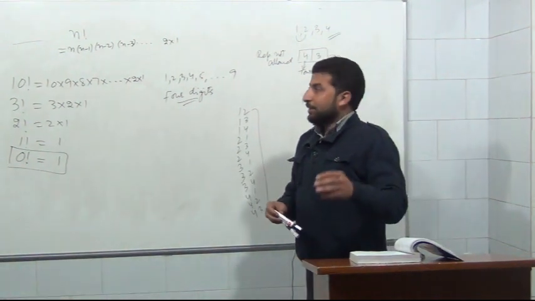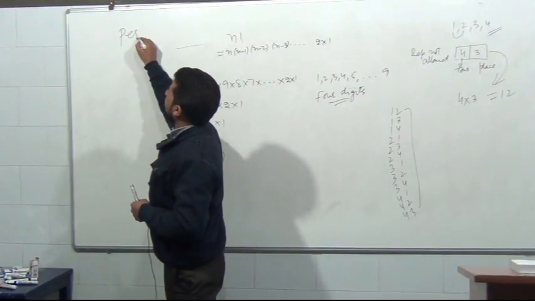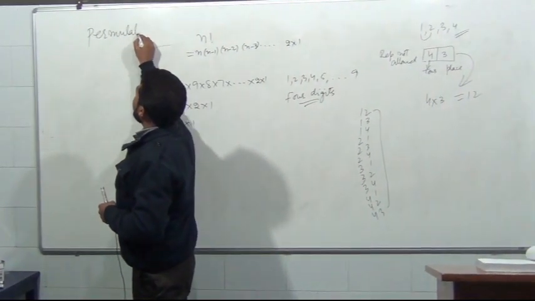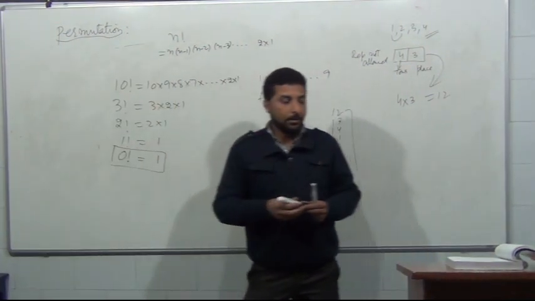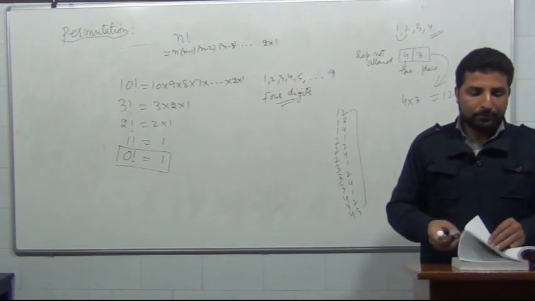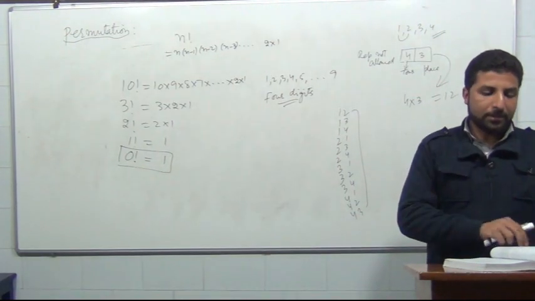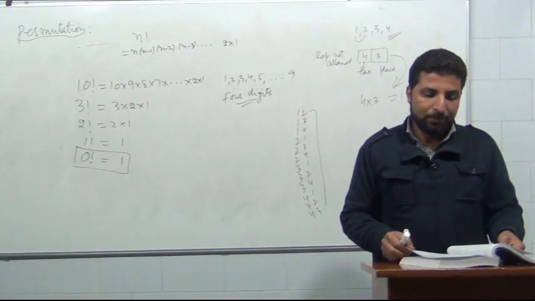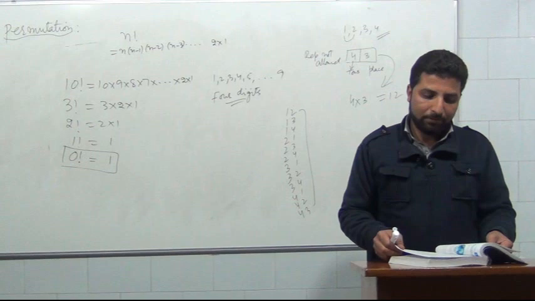First of all, our first subtopic is permutation. It is chapter 7, page number 136.